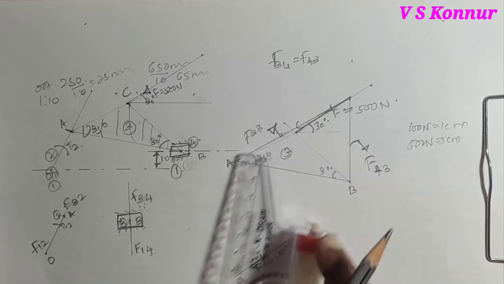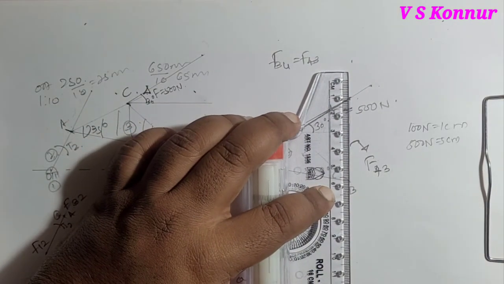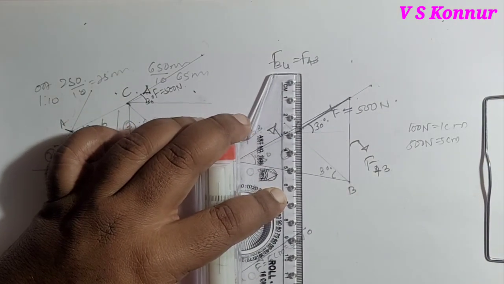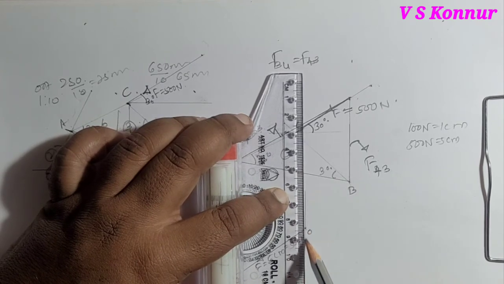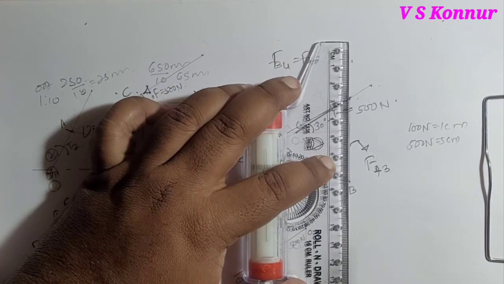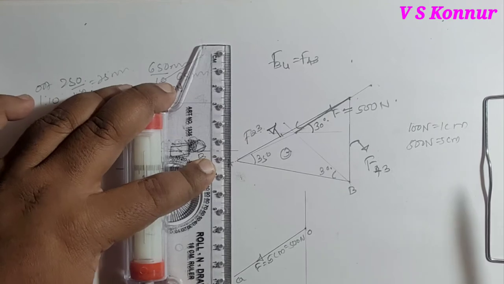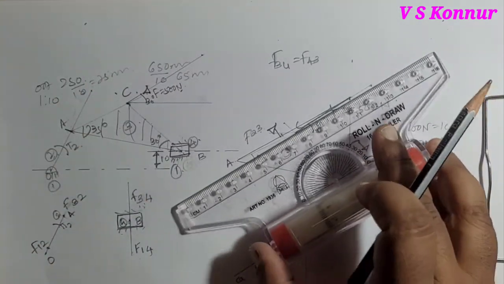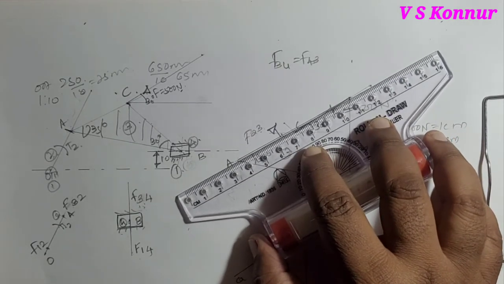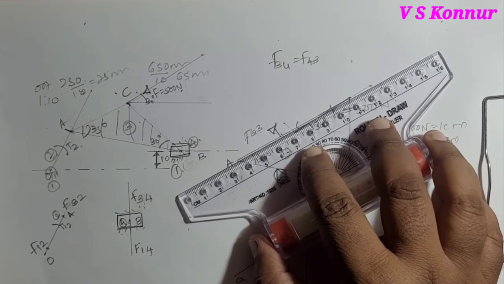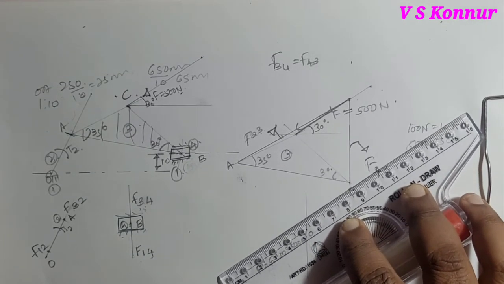Now from O you can transfer one force and another force, F23. This F43 will transfer from this A point parallel to F43. I have transferred at O point, or you can transfer at A also. Now we'll transfer this force, that is F23 force, parallel to F23 from another end.